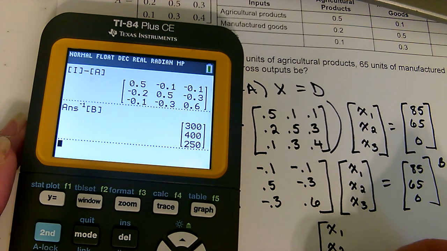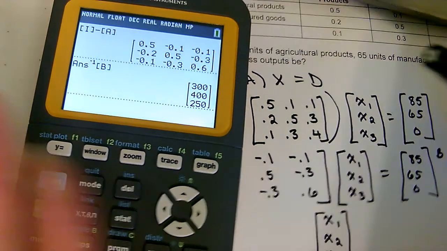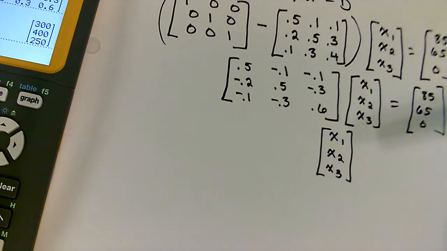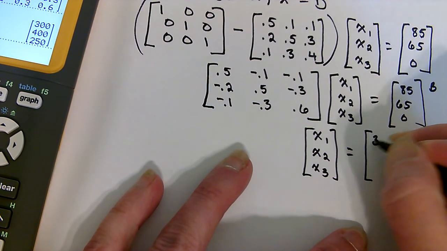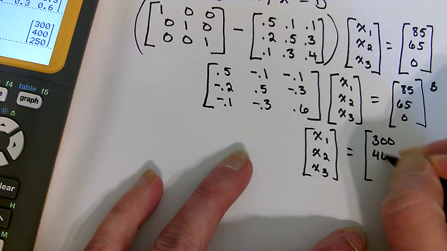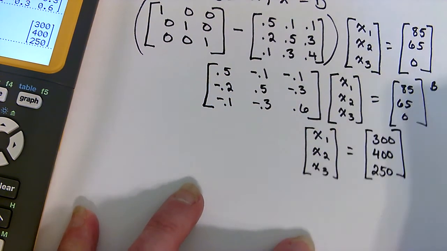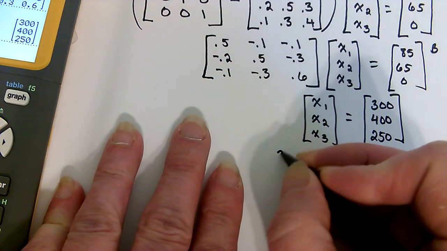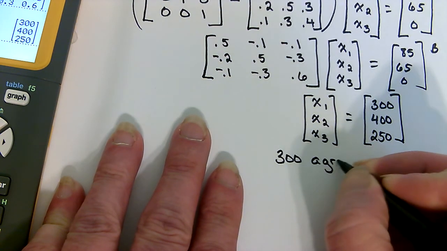And this is telling me that based on this input-output for production, how much I need to produce to have the required surplus. So it's telling me I need 300 agricultural products.